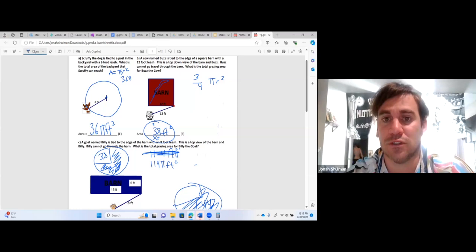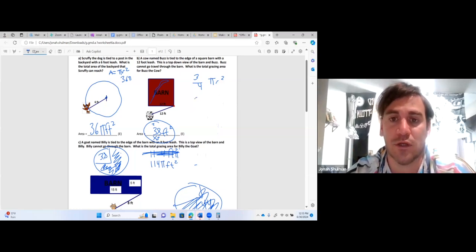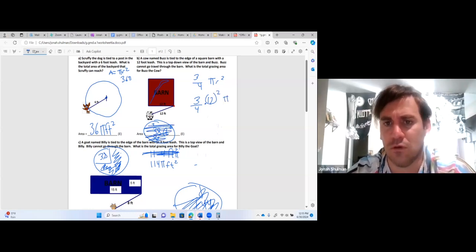So it's 3/4 times pi r squared. So we know it's going to be 3/4 times the radius, which is 12 squared. And I usually put the pi at the end. So 12 squared, so it's 3 times 144 divided by 4 equals pi.